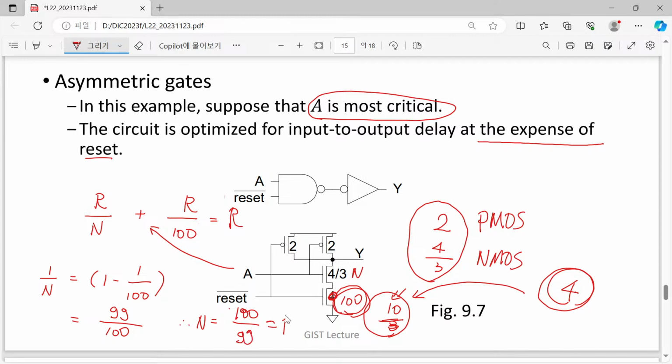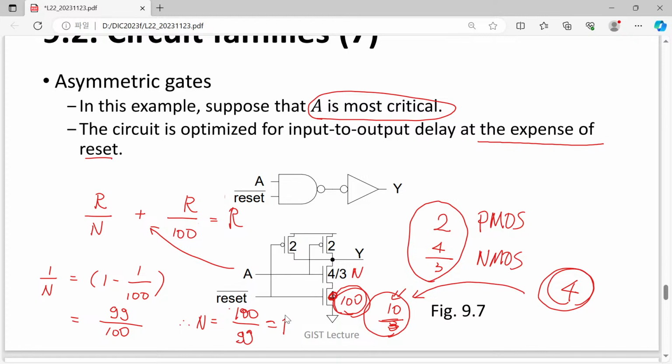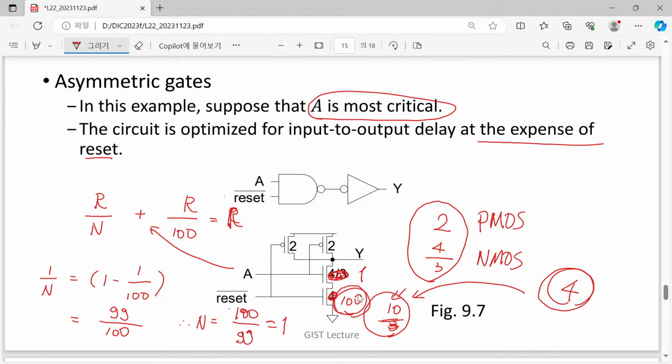So you can understand, if we make this reset transistor wider and wider, then eventually, while keeping the equivalent resistance of this pull down network as close to that of our unit R, we can still have almost a unit transistor here.